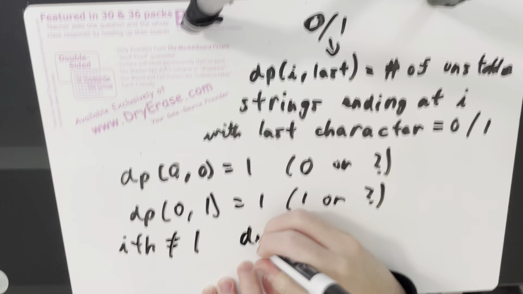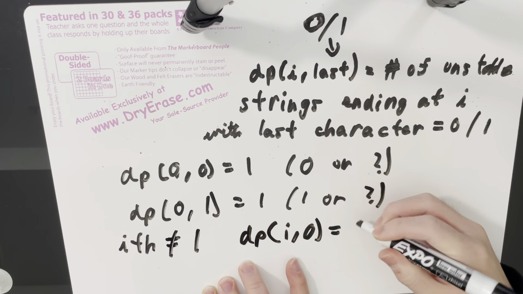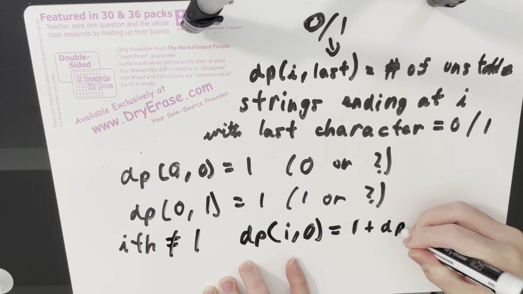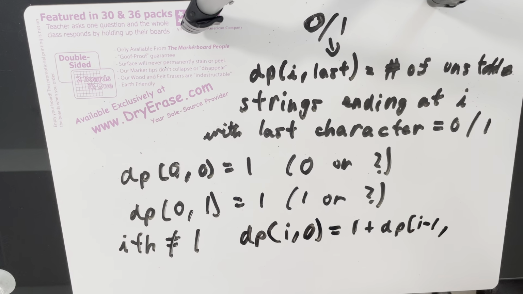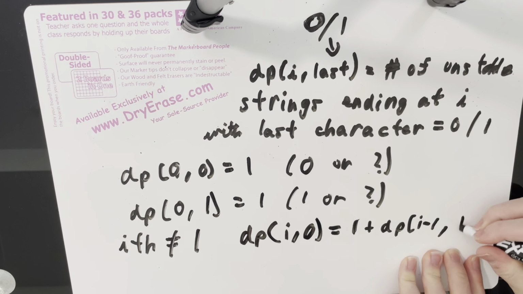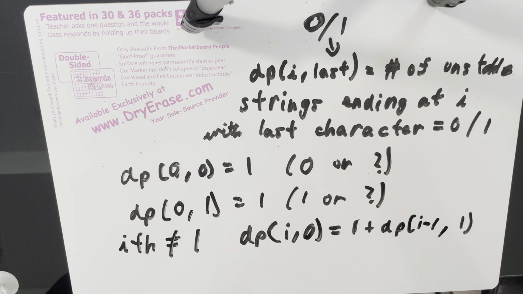So DP at I and 0 is going to be equal to 1 plus the DP of the previous index, the number of strings that ended at the previous index with a character of 1. Because we want to make sure that our digits are always alternating, which is why we can only append the 0 to a pre-existing substring that ended in a 1.